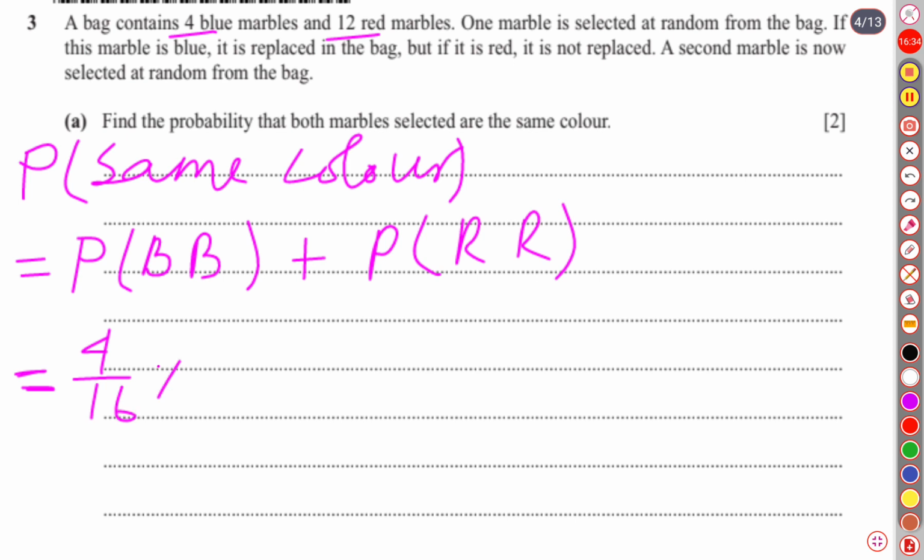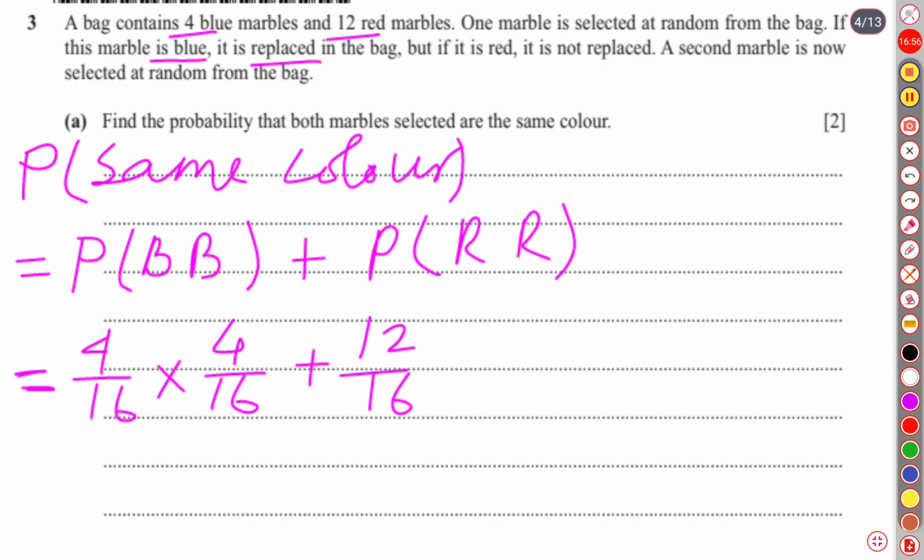If the second one is blue, remember whenever a blue is picked up, then it is replaced. That means it's all the same. Again there are 4 blue marbles as well as a total of 16 marbles. Now it's about red marbles. If we pick up one red marble, there are a total of 12, so it is going to be 12 over 16.